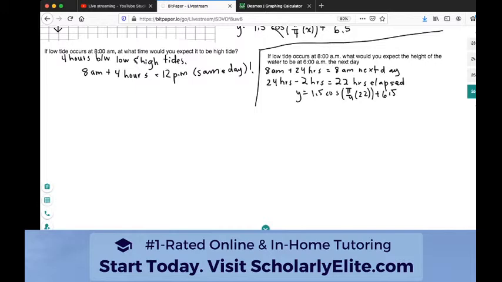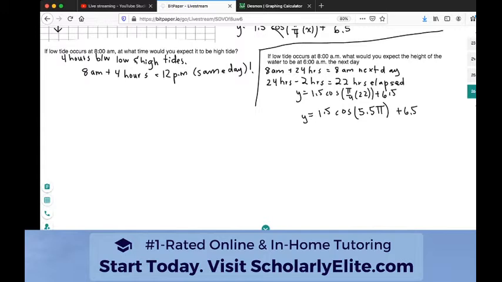Okay guys, so let's plug this stuff in. So 22 divided by 4, because we're actually doing all of this in BEDMAS, right? So 22 divided by 4 is 5.5. So here you've got y equals 1.5 cos(5.5 pi) plus 6.5. And remember that you want your calculator to be in radians.